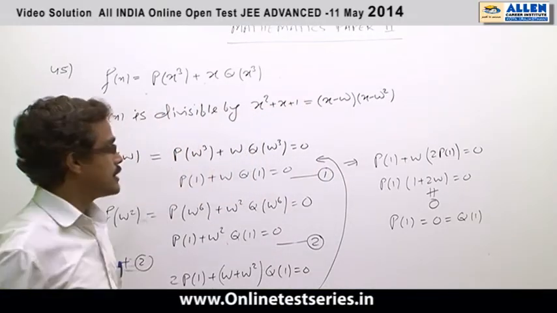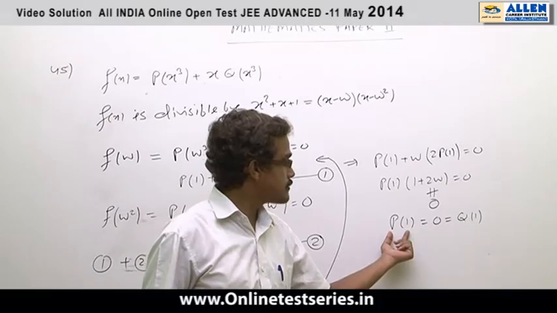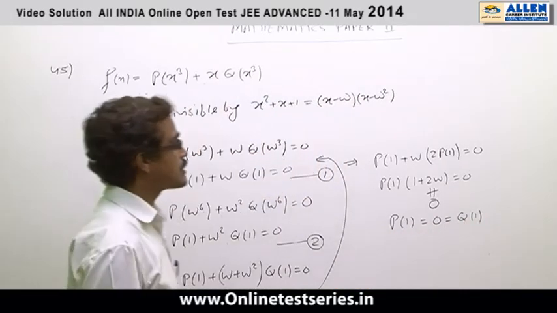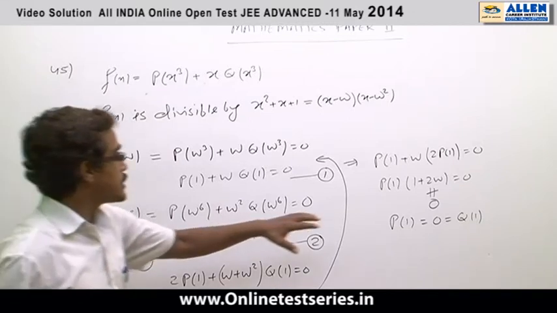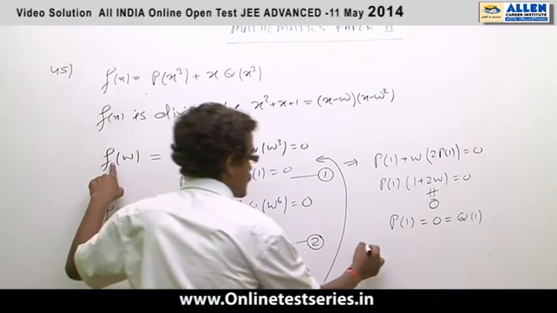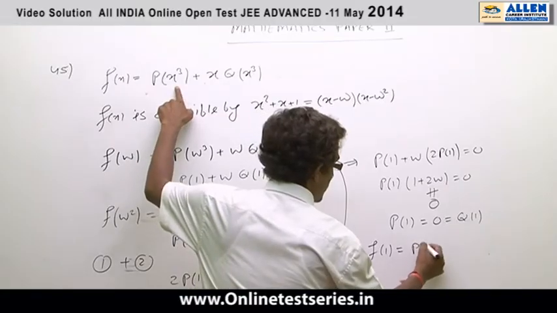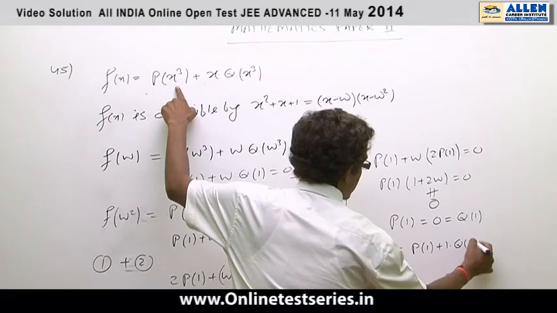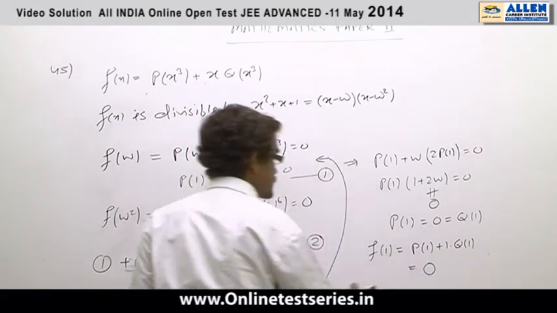So from here we can easily prove that the polynomial p(x) is divisible by x minus 1, as well as polynomial q(x) is divisible by x minus 1. Now from these two results we can also conclude that f(1) will be equal to p(1) plus 1 times q(1), and because p(1) and q(1) are 0, f(1) will also become 0.